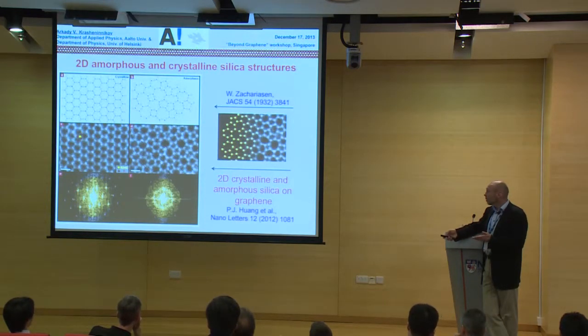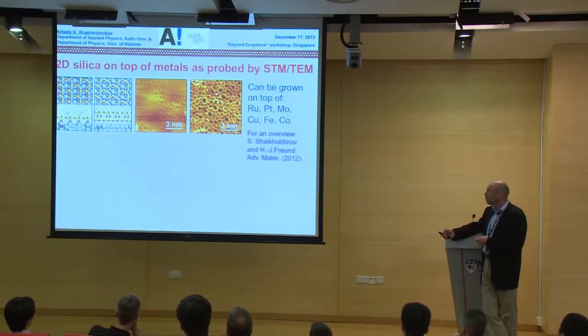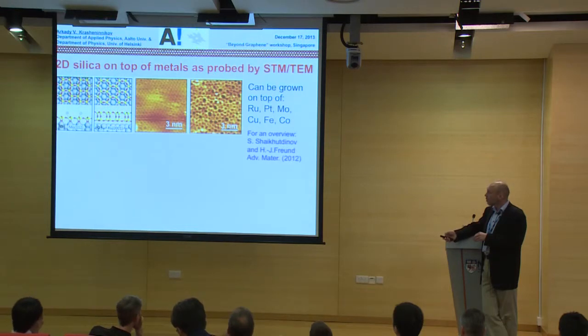And basically, we theorists worked out the atomic structure, which should be something like that for the periodic system. Later on, we found that this structure had already been synthesized on several metals by the Berlin group, and silica can exist as a monolayer or bilayer, which is only weakly bonded to the metal surface by van der Waals interaction.